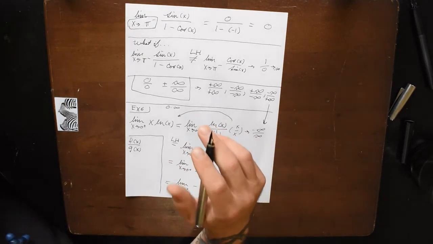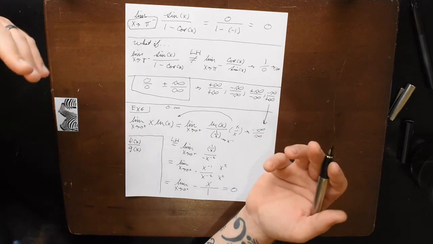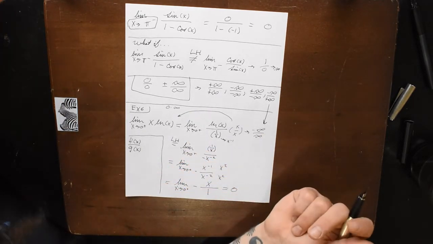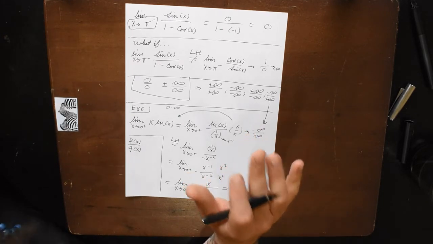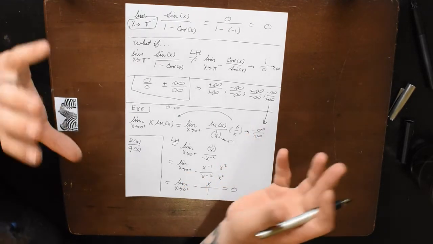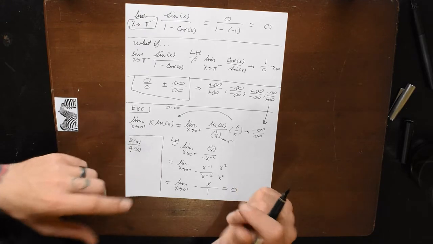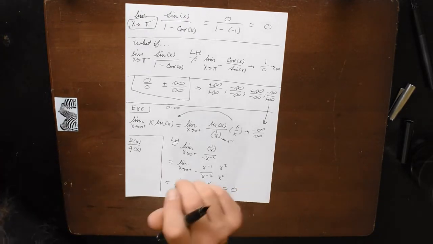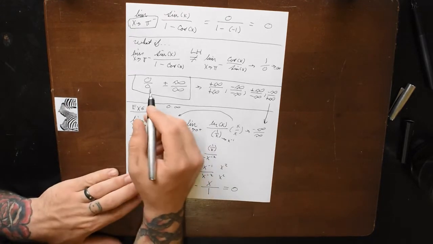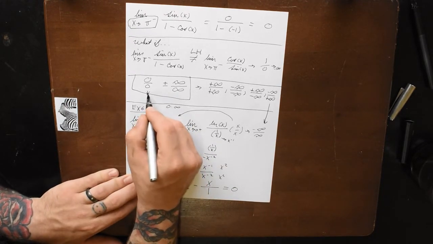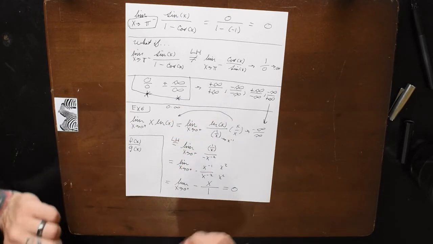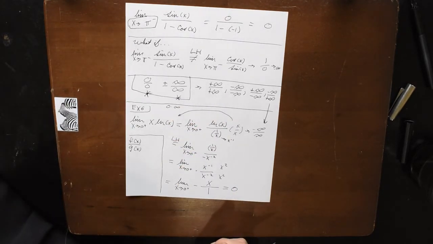Remember that multiplying by a cosine is the same as dividing by a secant. Multiplying by a sine is the same as dividing by a cosecant. So there's a lot of different ways you can algebraically manipulate multiplication and turn it into division. Just be aware that you need something of this form or something of that form in order to apply L'Hopital's rule.